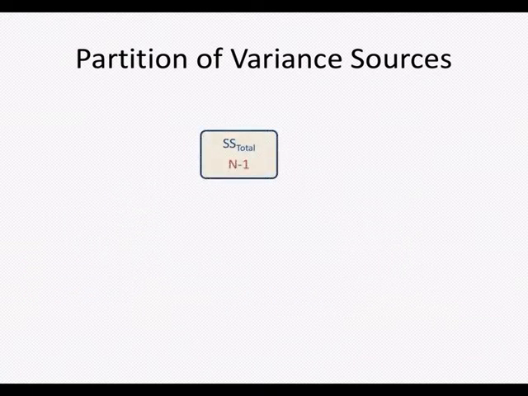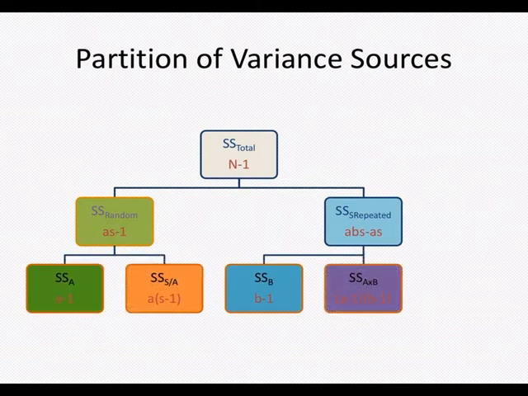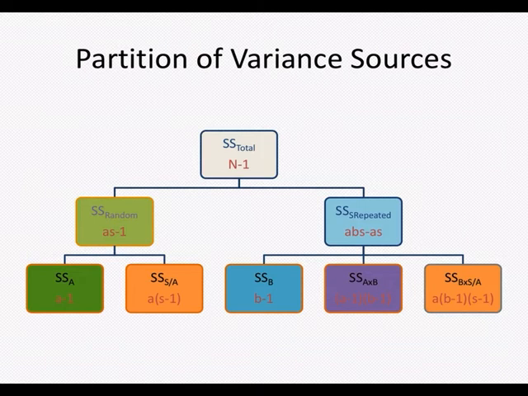And related to that are the degrees of freedom. Total degrees of freedom would be total sample size minus 1. And then here are the formulas for the different degrees of freedom. For the sum of squares between group, degrees of freedom is A minus 1. That's the number of groups between groups.